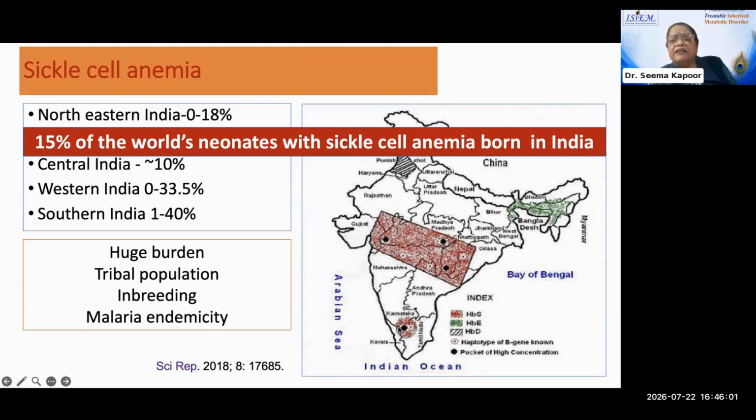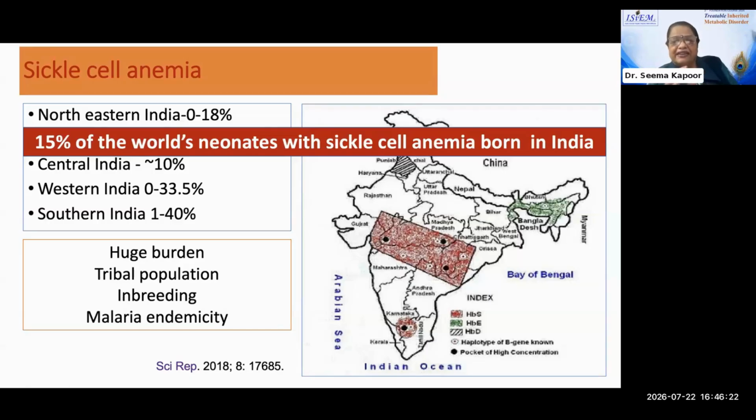A big belt with tribal population, inbreeding, and initially an area of malarial endemicity. While in the east, which is say Calcutta, northeast, HbE disease is common.